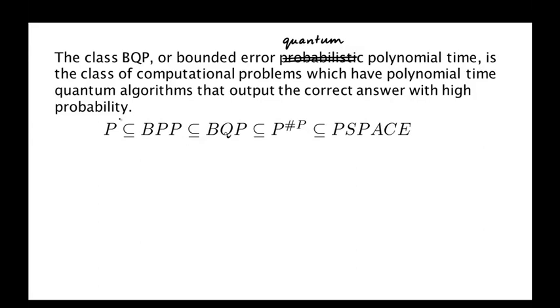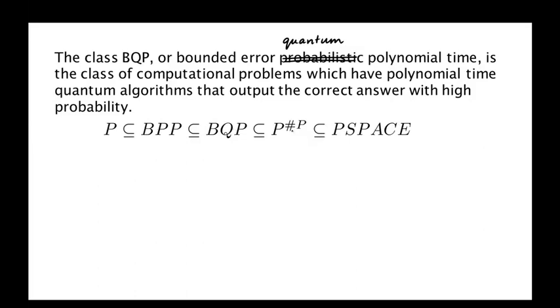Now, you can show this inclusion that P, polynomial time, is in BPP, probabilistic polynomial time, which is contained in BQP. So BQP is this class that we are interested in showing is so much larger than P or BPP. But then you can also show further containments.